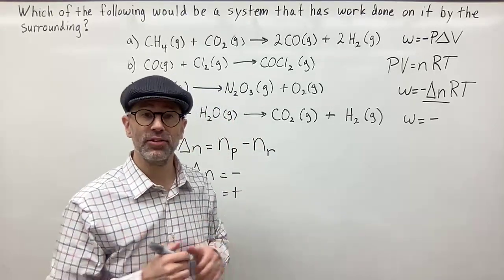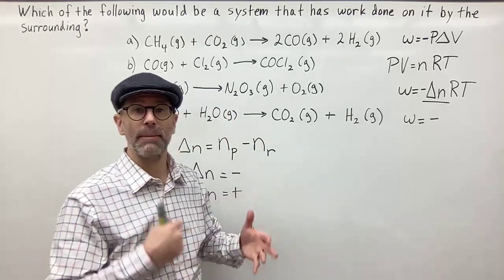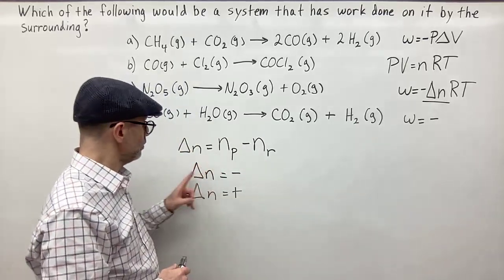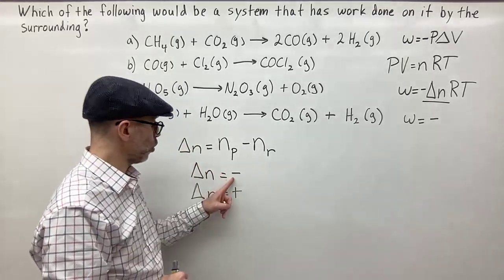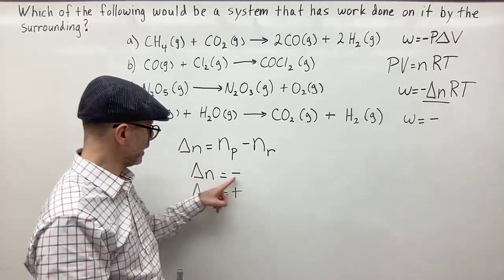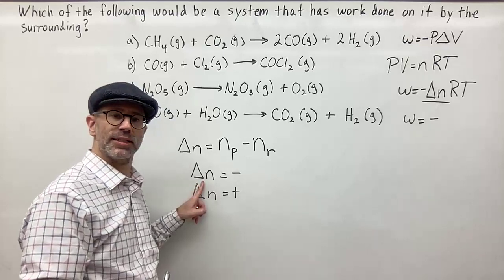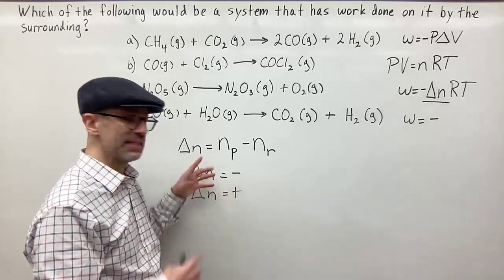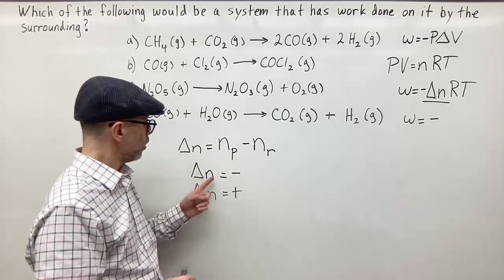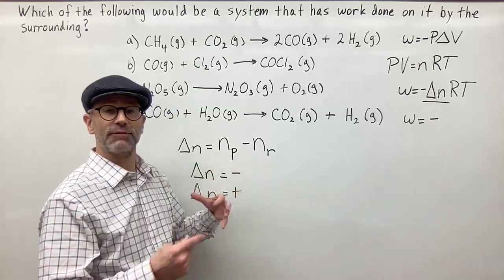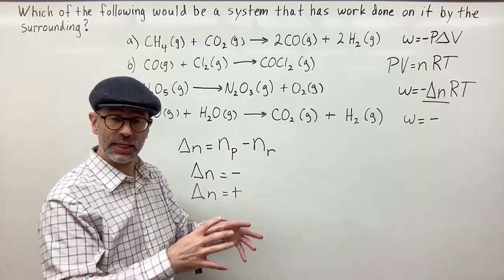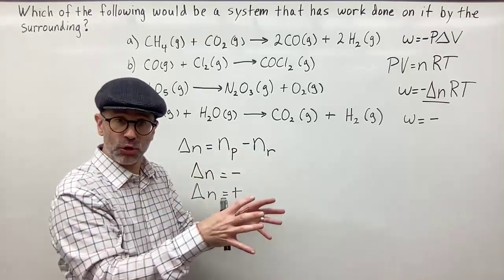You can think of this in terms of the amount of moles or particles. If I decrease in the number of moles, that's what the delta N means, if it's negative, I'm decreasing. My change in the number of moles is getting lower, meaning I'm getting less particles.